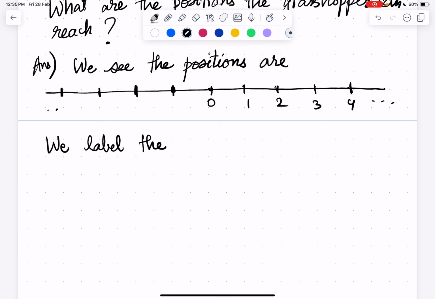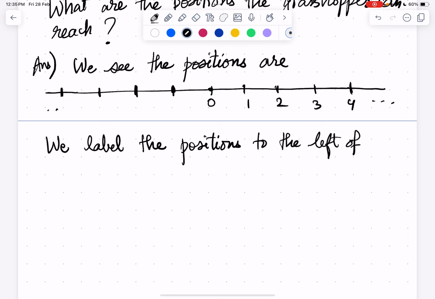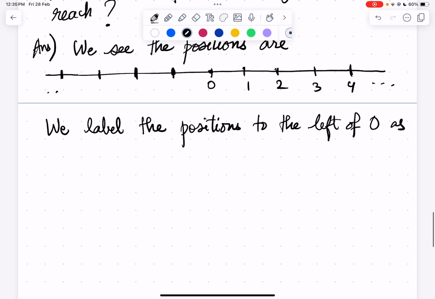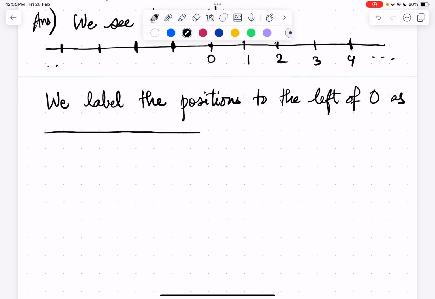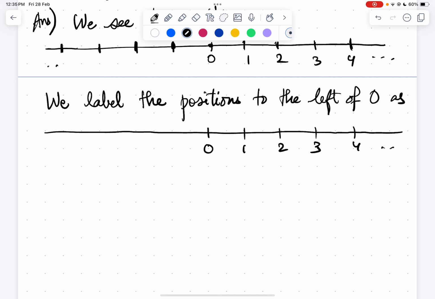We label the positions to the left of 0 as in the thermometer: -1, -2, -3, -4, so on.